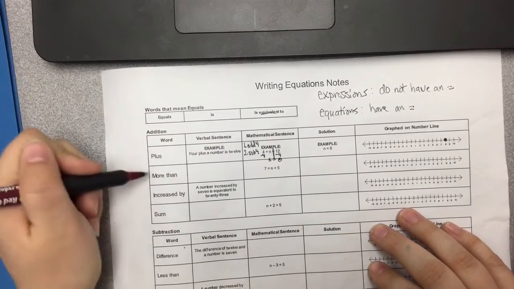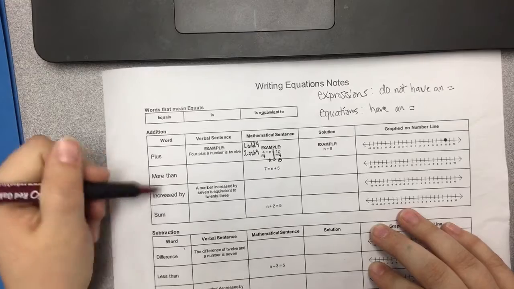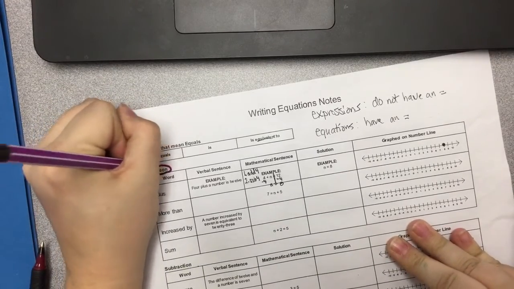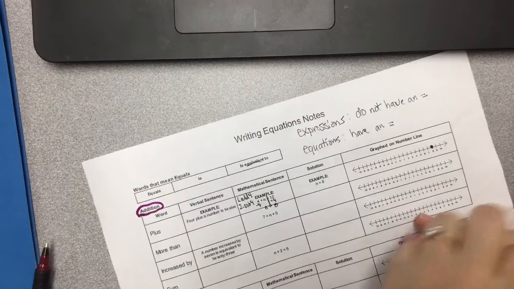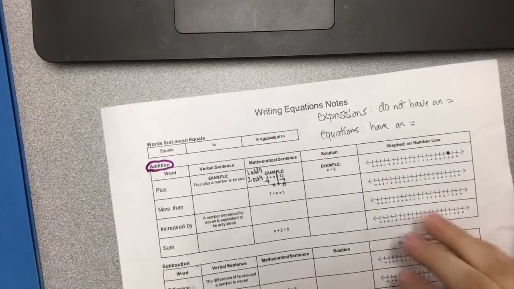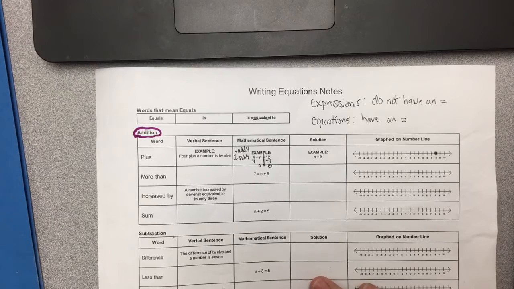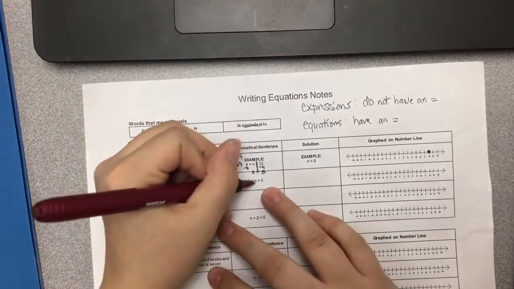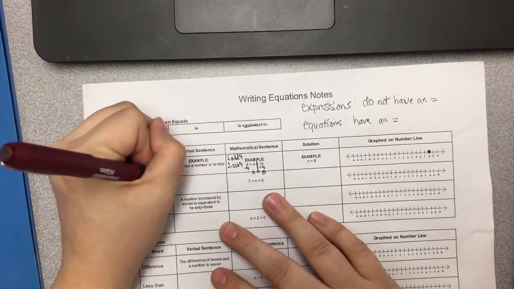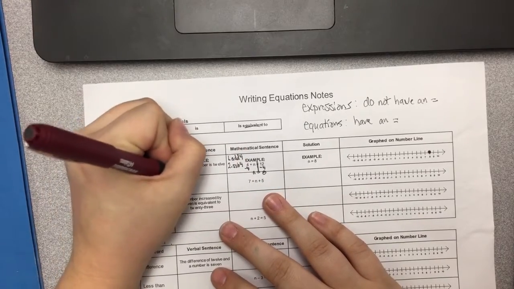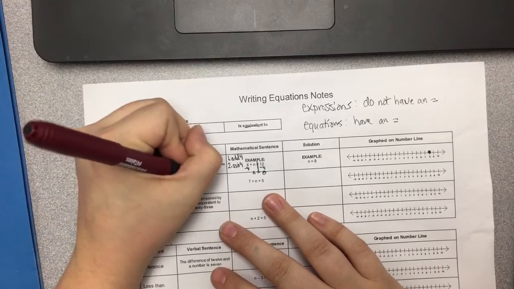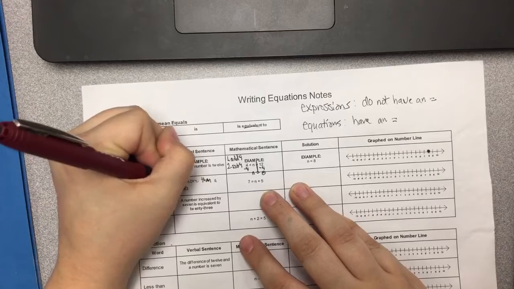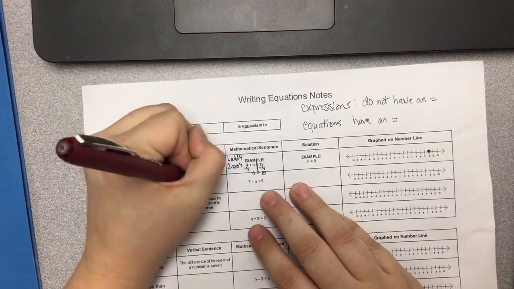So the words more than, increased by, and sum also mean addition. These are addition key words, guys. If we pay attention, then we will catch that whenever we're reading these word problems. More than. So, in this case, it's saying 5 more than a number that we don't know is 7.